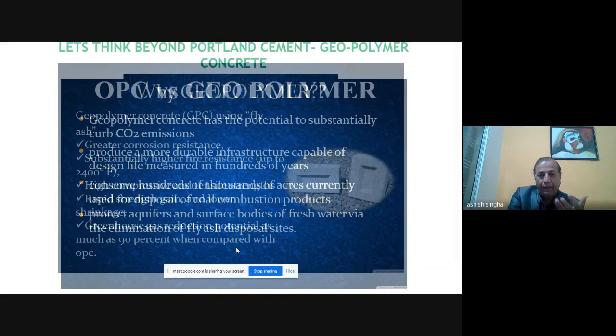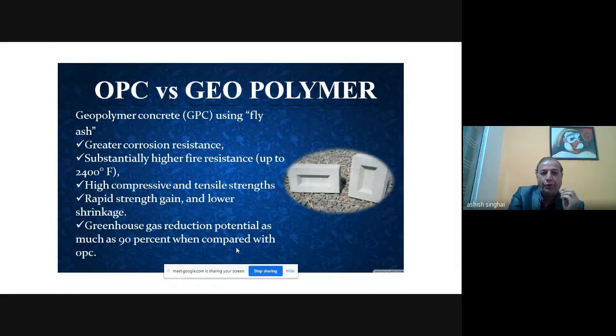I think we will have more discussion. It can be taken as a separate topic also. So the only challenge with the geopolymer concrete, which is still in research stage in most of the areas, the biggest challenge is that workability is still being worked out. There are workability challenges, and the second challenge is that we need to give a temperature of about 70 degrees Celsius to produce this particular concrete. And the third challenge is that we have to transport the chemicals which actually work as activators with fly ash.